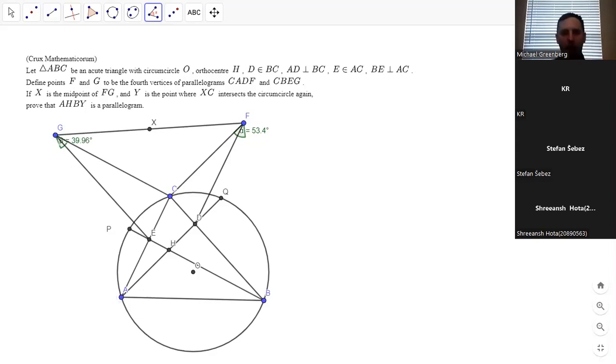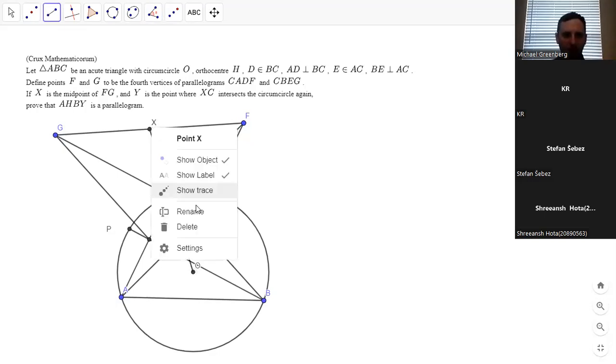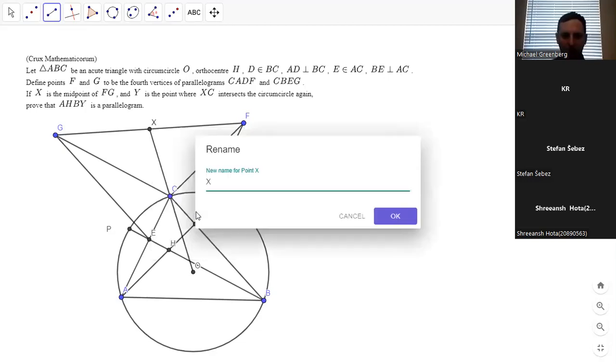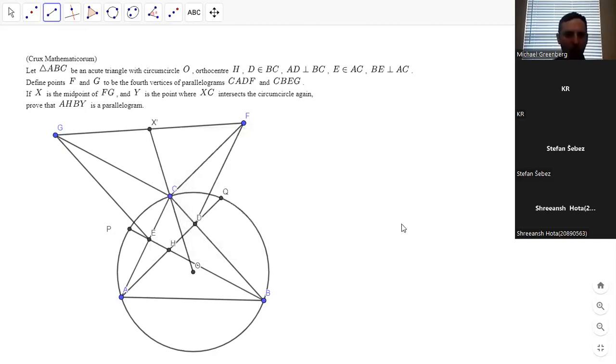Okay. So we take a point X prime such that C, O and X prime are collinear. Then we wish to prove that sine of GCX prime over sine of FCX prime is GC over CF.